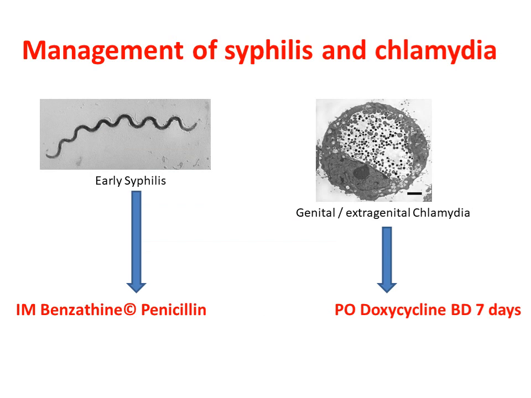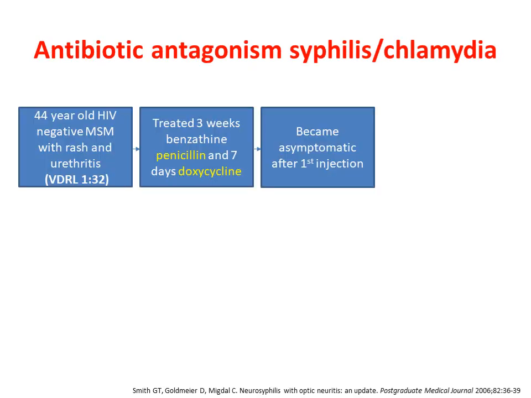The issue is that in MSM who are diagnosed simultaneously with early syphilis and chlamydia, the treatment is potentially antagonistic, and this slide shows the first-line treatment we use for both of these conditions. Here is a case report of a 44-year-old MSM presenting with a rash and urethritis in 2006.